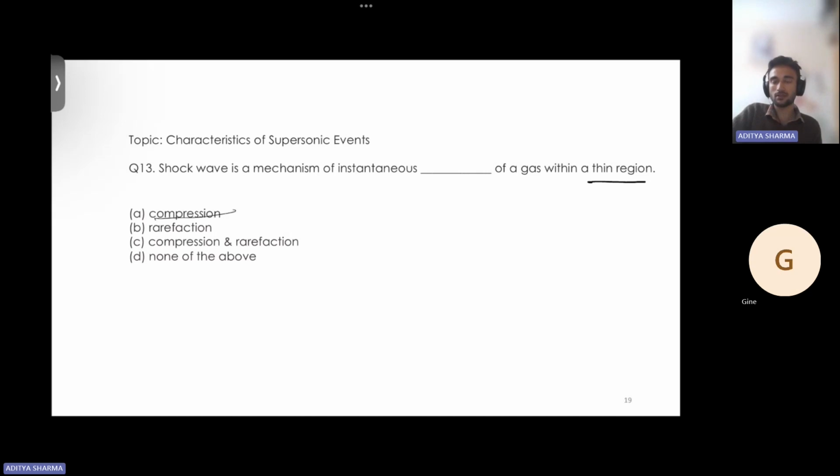Shock waves are not related only to aircraft moving at very high velocity. When there are detonations and explosions also, these shock waves are encountered.